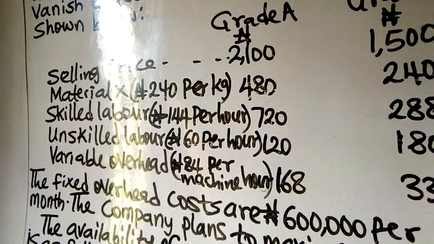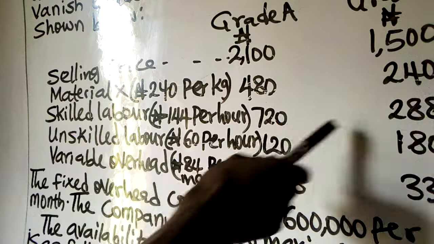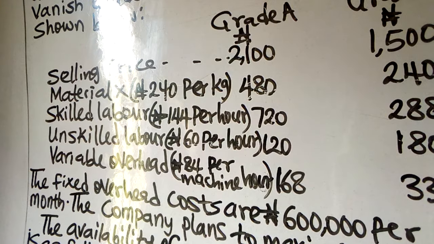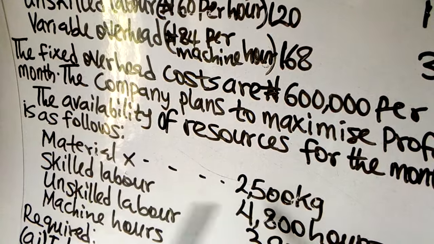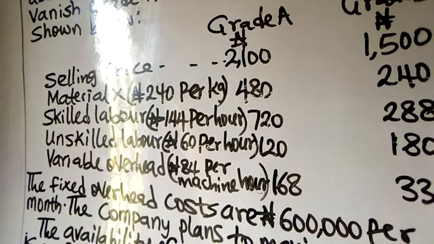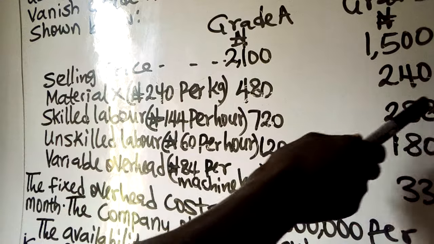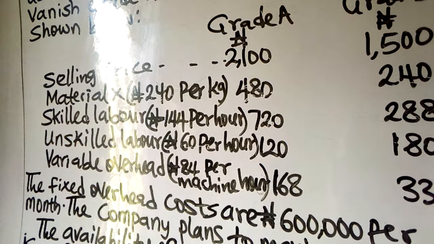Skilled labor is 144 naira per hour, and the costs are 720 and 288. You have to convert this to hours. Since the maximum available of 4,800 is in hours, then this cost has to be converted to hours. So you have 720 divided by 144 and 288 divided by 144 as well.